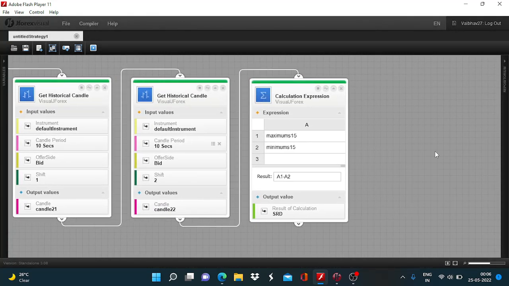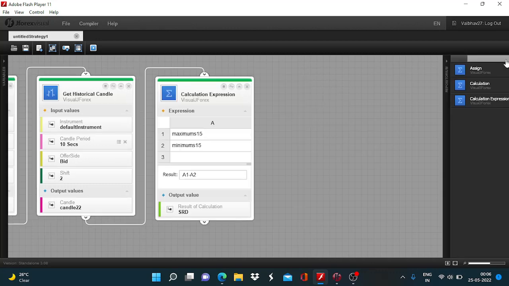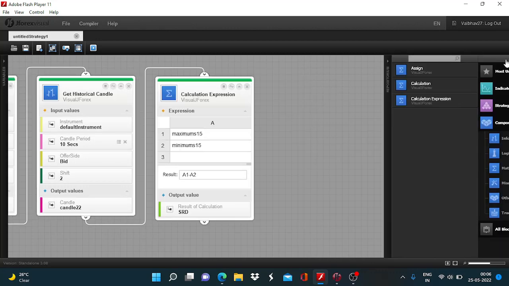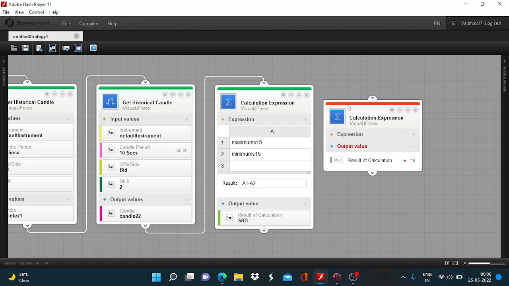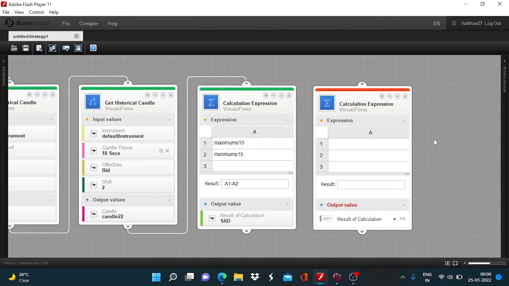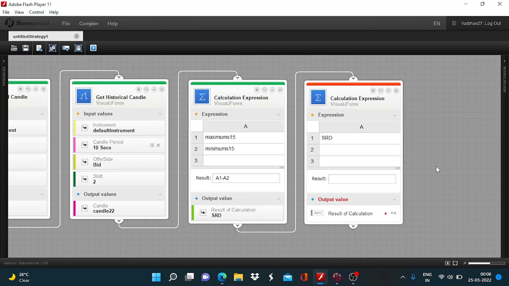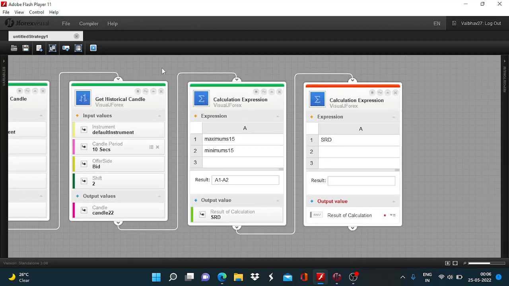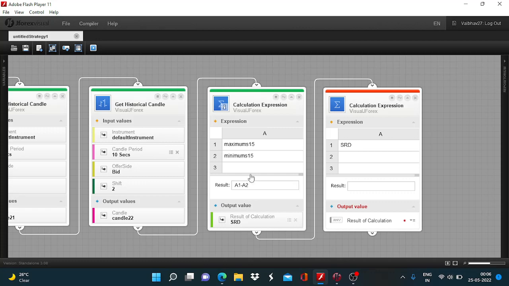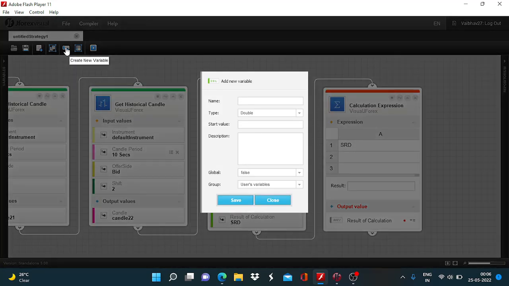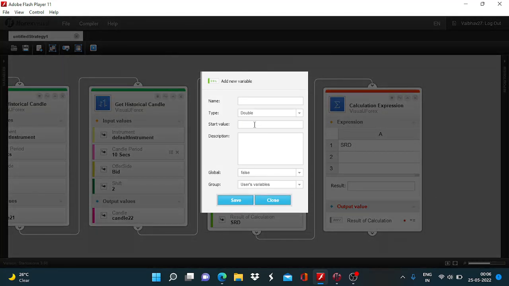Then we take 25% of that actual difference. So for that I am going to need one more of these. I'll put it here and then divide it by 4. So we get 25% of this actual difference. So I'm going to create a new variable with the start value of 4. This will be a dividing factor, so I will name it df and save it.